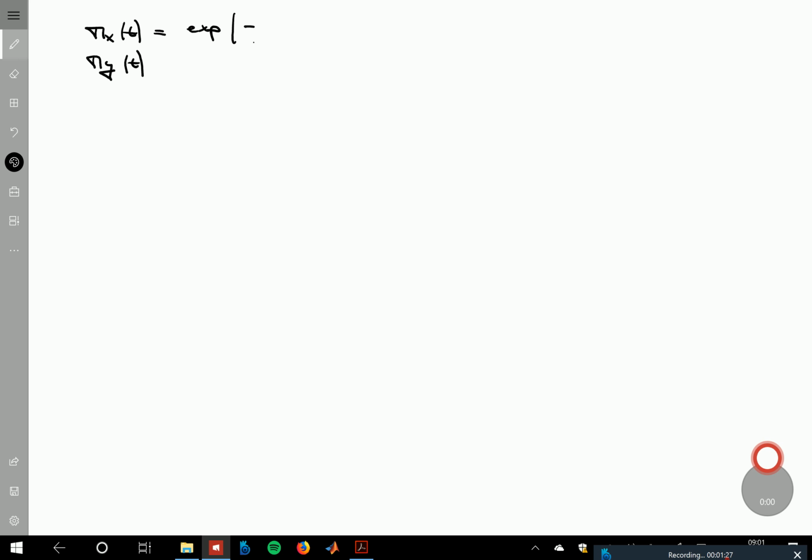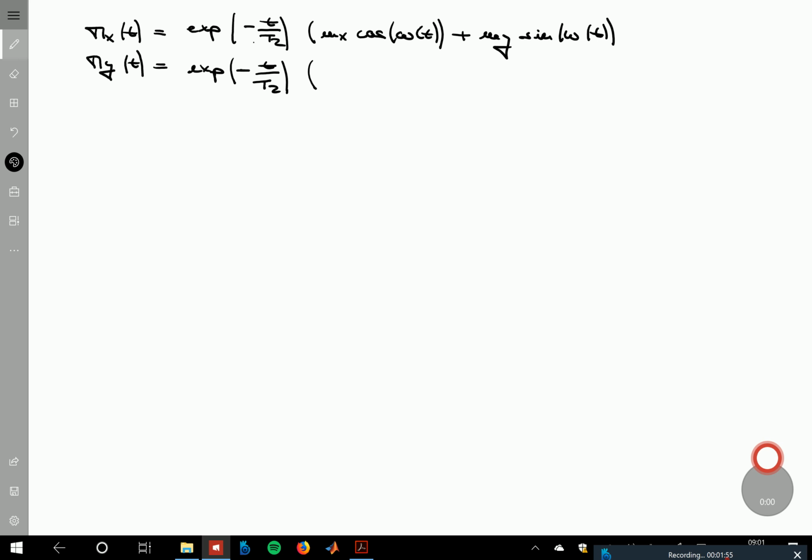So that's our exponential of minus t over T2, and the same for my. And then we have our mx cos omega t plus my sine omega t. So that's again the solution we worked out last time, or we checked last time, I should say.